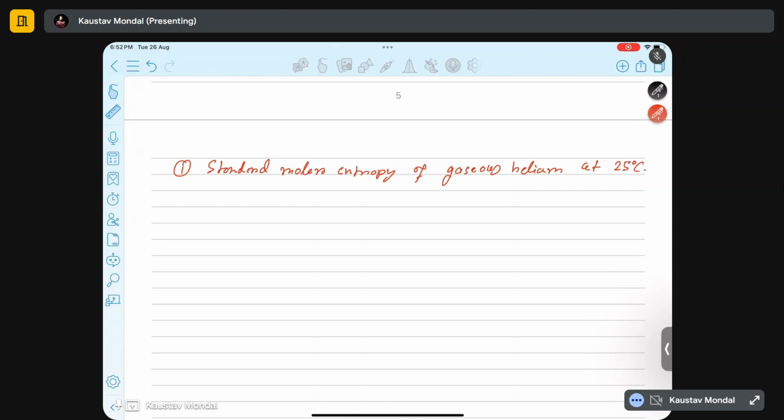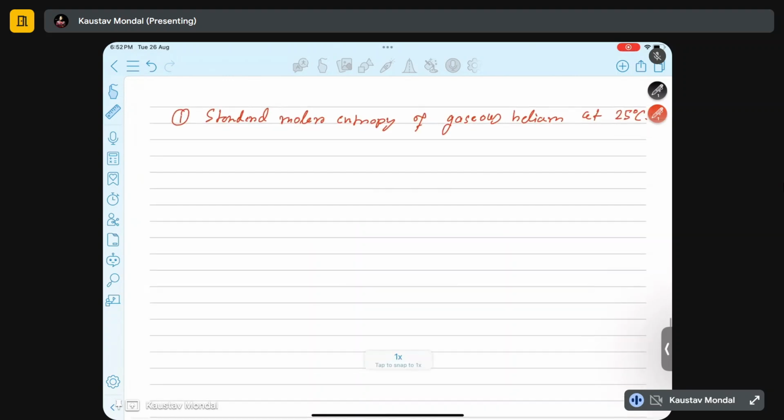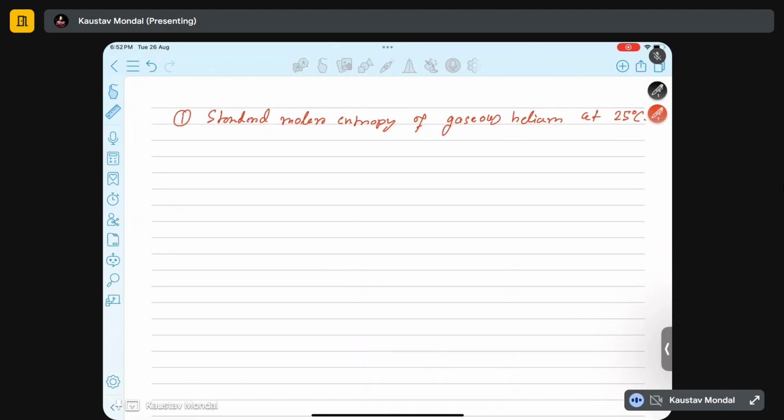So temperature is 25 degrees centigrade, and everything is standard. Standard means that the pressure should remain 1 bar, that is around 10 to the power 5 Pascal, right?